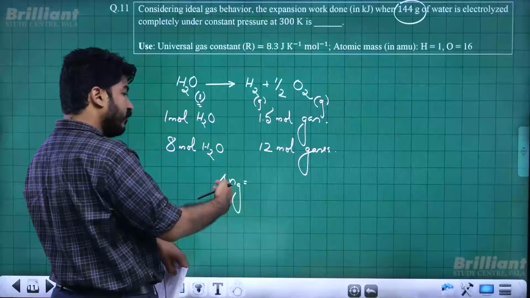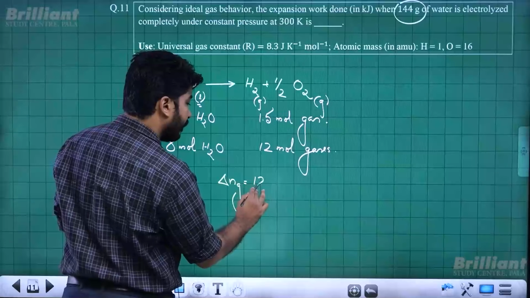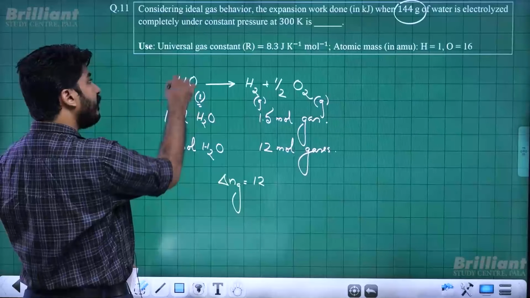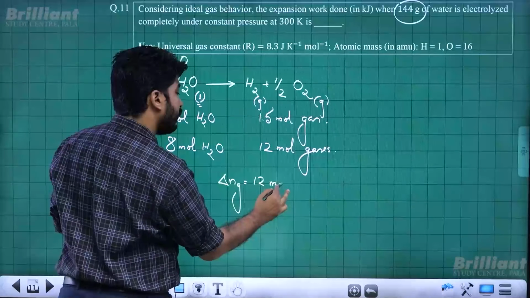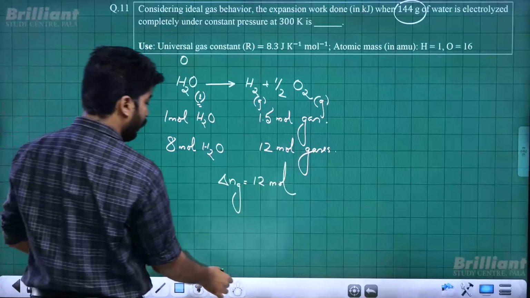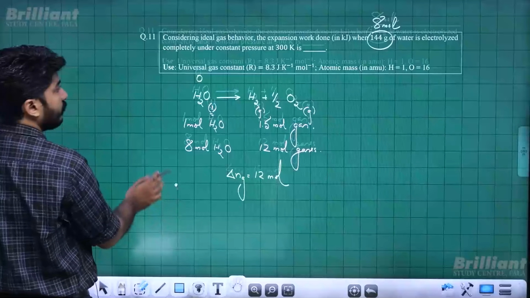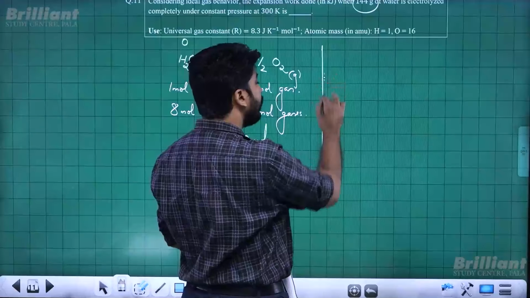So, we are focusing on delta Ng for the process. Delta Ng for the process is 12. Initially we don't have any gases, and finally we have 12 moles of gases. So 12 mole is the delta Ng, the change in number of moles of gas in this process. So it's called expansion. Now what we want to find out is the work done in this process.